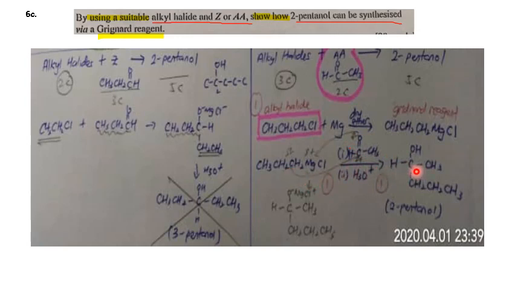So the H remains. Hydrolyze it, and yes, it will form 2-pentanol. That's why the suitable alkyl halide is 1-chloropropane. Okay, next.